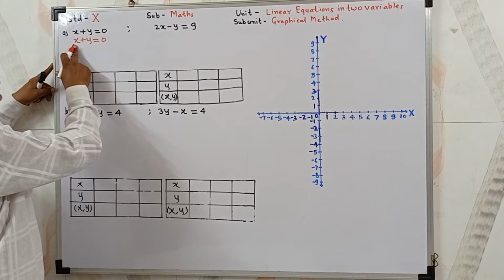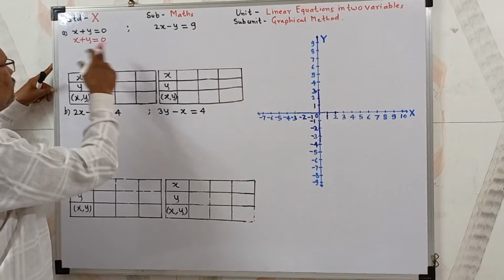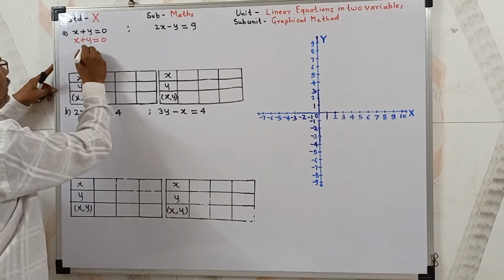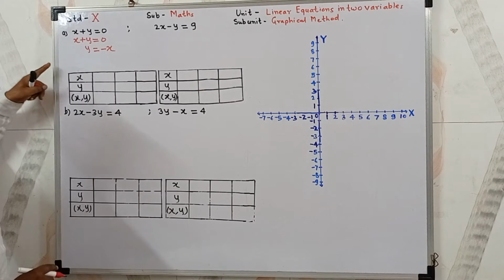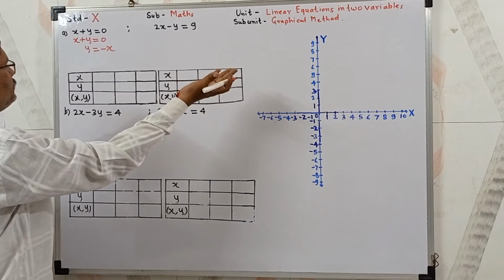So x is here, so take this x to the other side. The x is plus, so y is equal to minus x, because here it is 0.